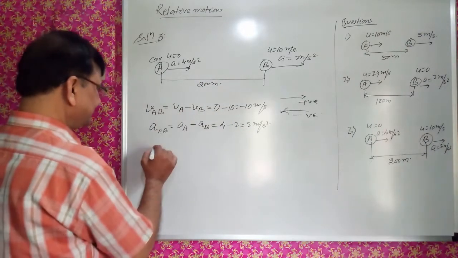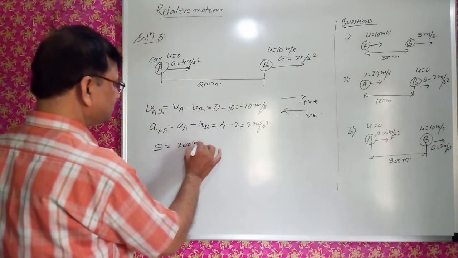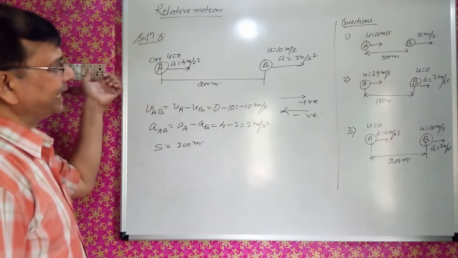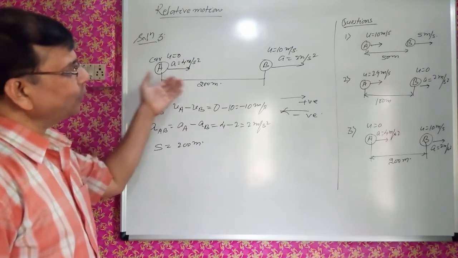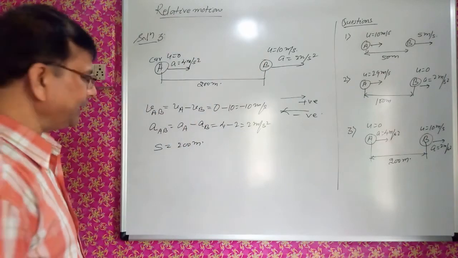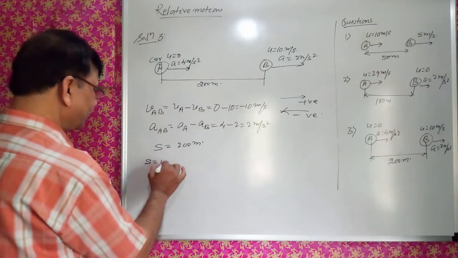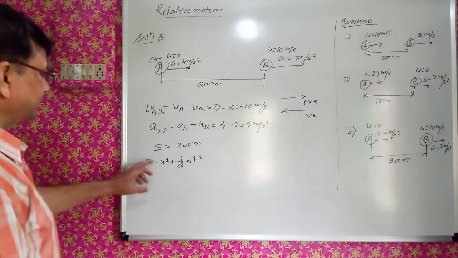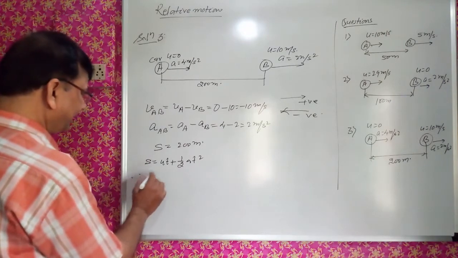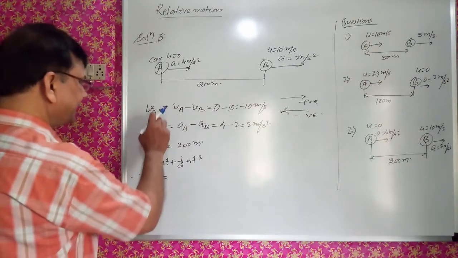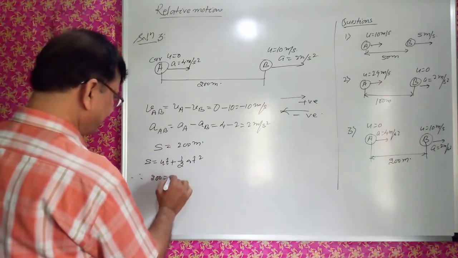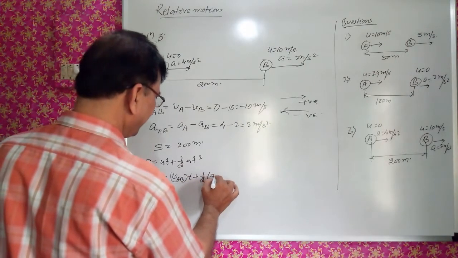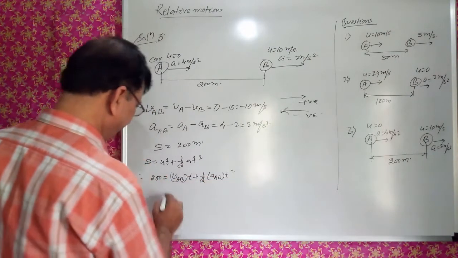So distance is taken as S suppose, then acceleration is here and velocity is negative. So continuously velocity will go on increasing, and after what time it will reach B, that we can find. S is equal to ut plus half at square. This formula we will use. So distance S is equal to 200, velocity is VAB, into T plus half AAB T square.